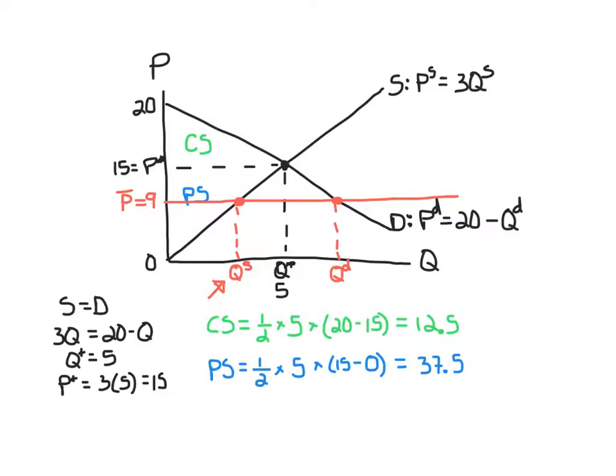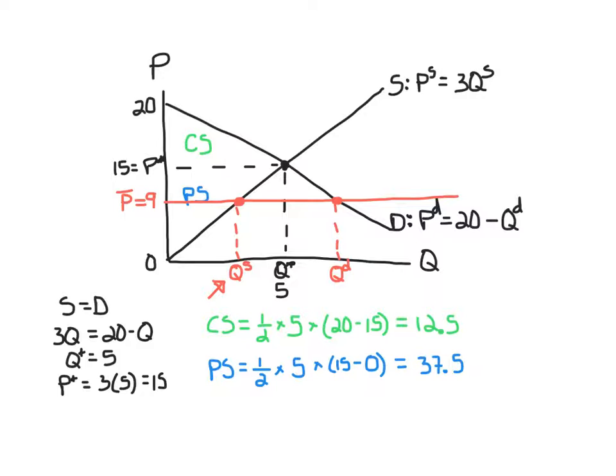Well, we can figure that out by plugging a price of 9 into our supply curve, and it'll spit out this quantity. And if we're interested, we can also plug this price of 9 into the demand curve, and it'll tell us the quantity demanded. And in that case, we could actually calculate how big of a gap we have. Okay, so let's just focus on this piece for now.